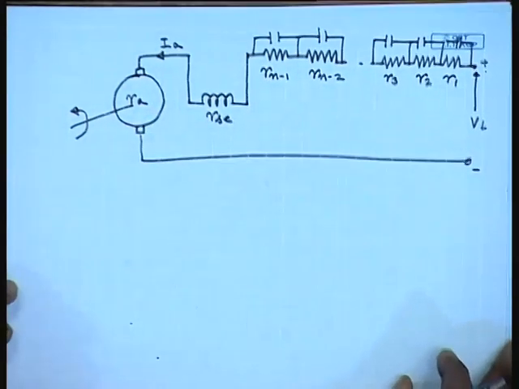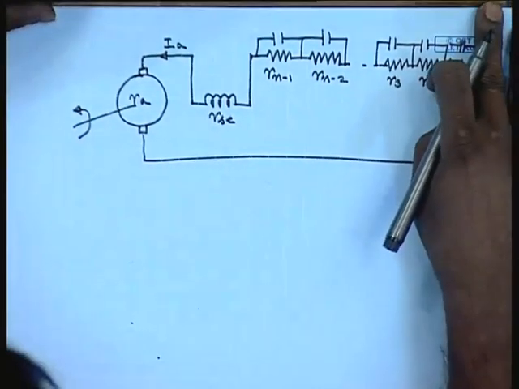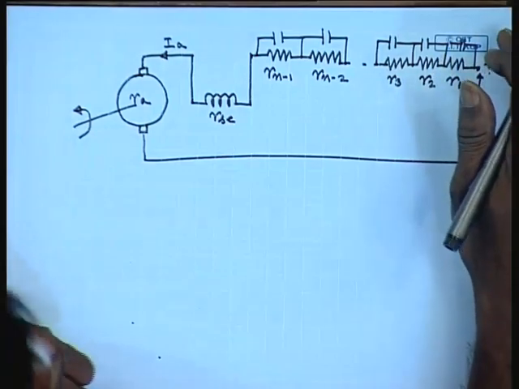Let us say we want to restrict the current between the limits I1 and I2.